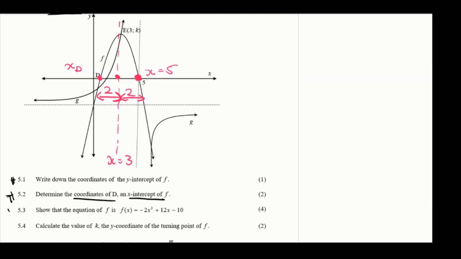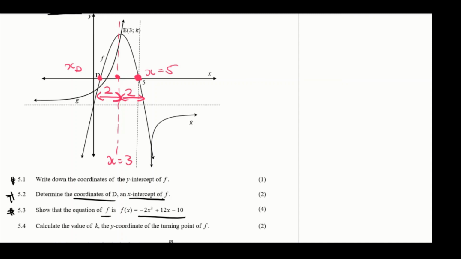So 5.3, we are told to show that the equation of f is equal to minus 2x squared plus 12x minus 10.